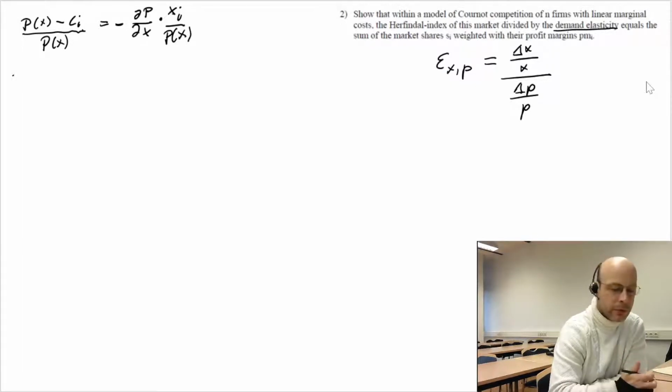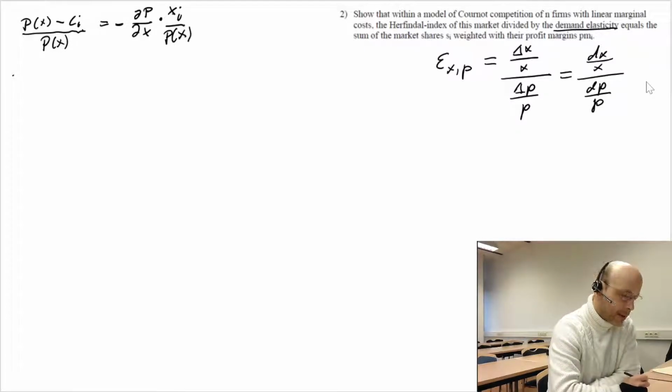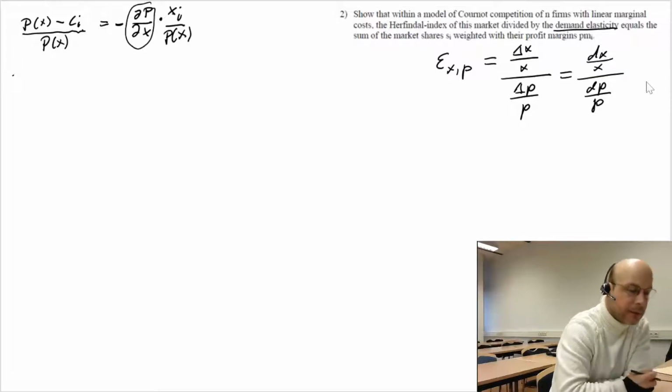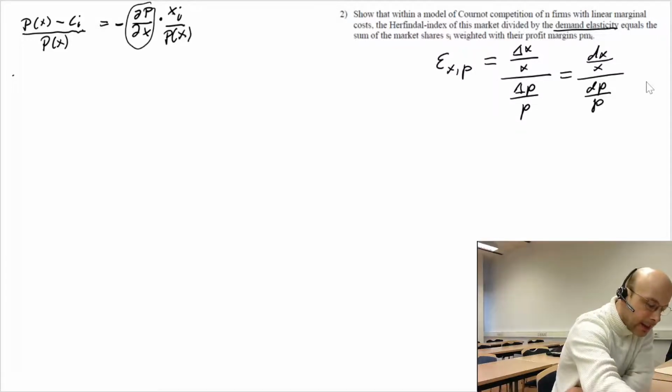Or if you go to the limit, then of course we have dx over x over dp over p. And then you see that we are almost there. But here we have dp over dx and then over p.